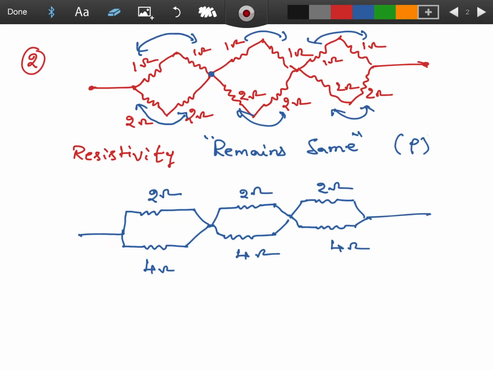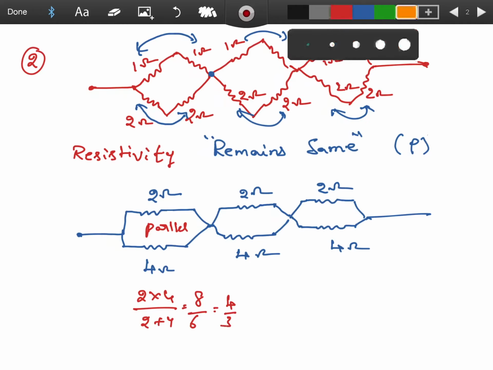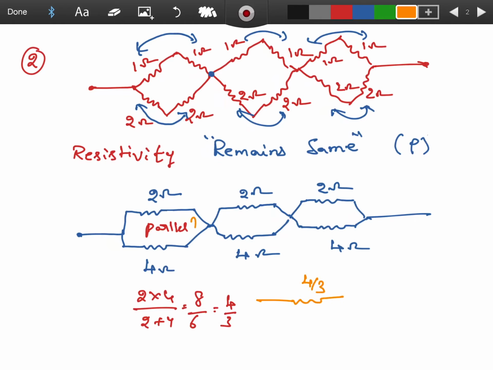Now here, what is the equivalent resistance for the 2 and 4? These 2 and 4 both are in parallel. For parallel combination, 2 into 4 by 2 plus 4 is the equivalent. That is 8 by 6, which is 4 by 3. That means I will replace the circuit. This is 4 by 3, this is also 4 by 3, because that is also parallel 2 and 4. Again here it is 4 by 3.